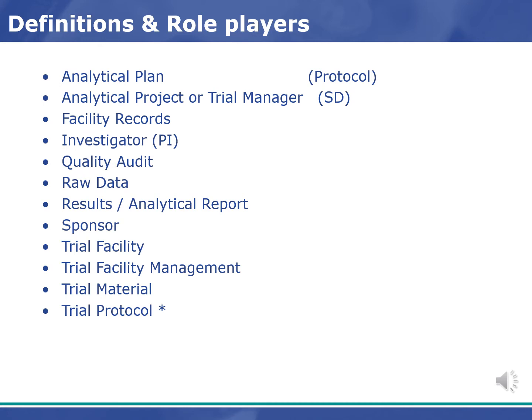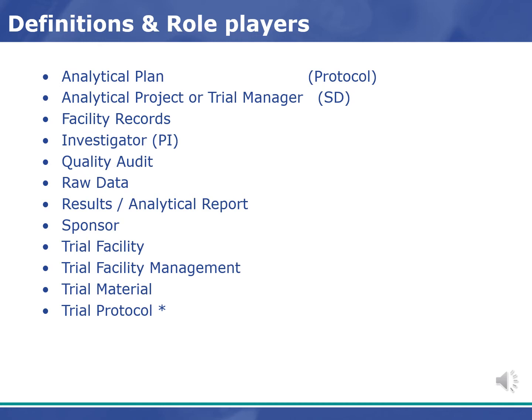Separate from that, GCLP requires the lab to have an analytical plan or analytical protocol, if you can call it that. There should be an analytical project manager or trial manager. In GLP, this would be referred to as a study director. For GCP, we'll call that the principal investigator. But remember, that's now separate.